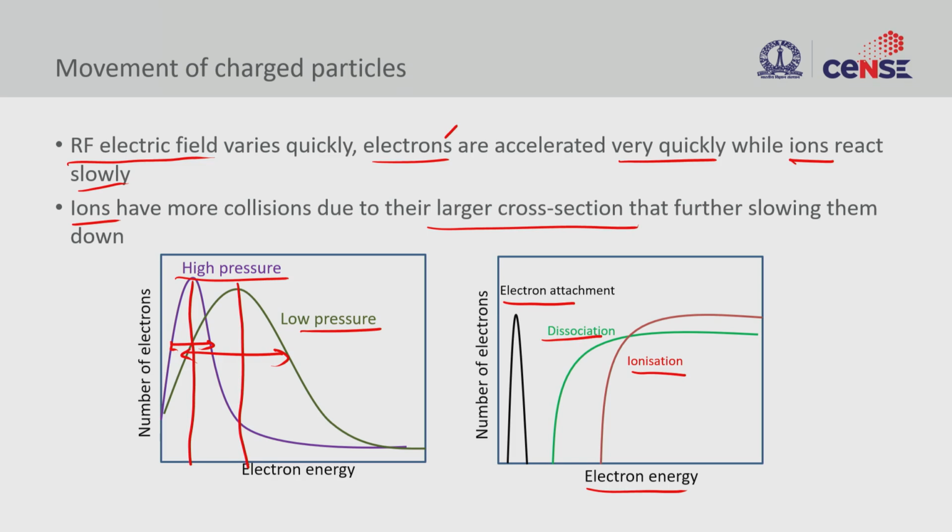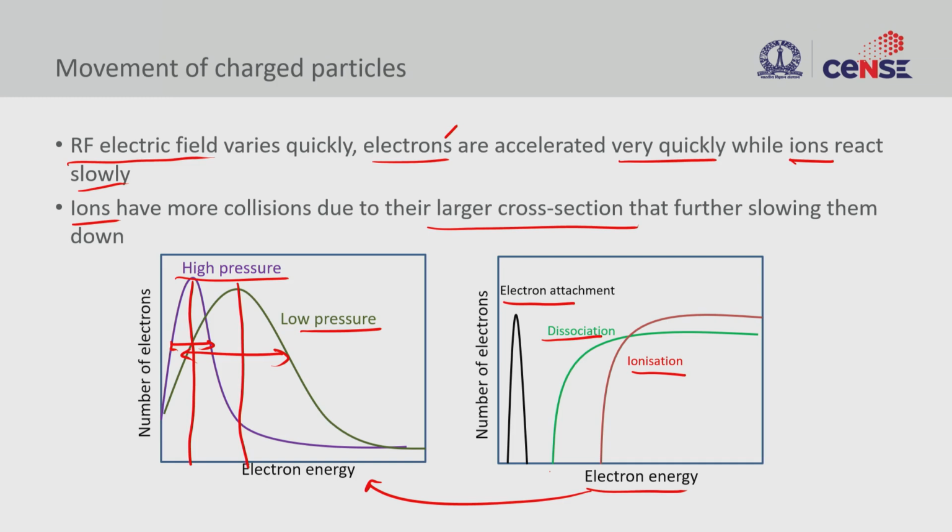So based on this we can choose the pressure, right? For instance, low pressures are preferred if you want to do dissociation and ionization, but if you just want to do only electron attachment, high pressure can be used.